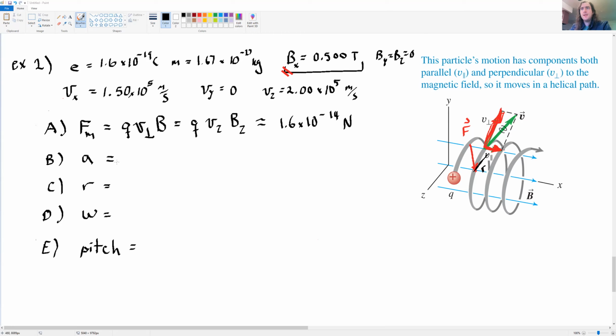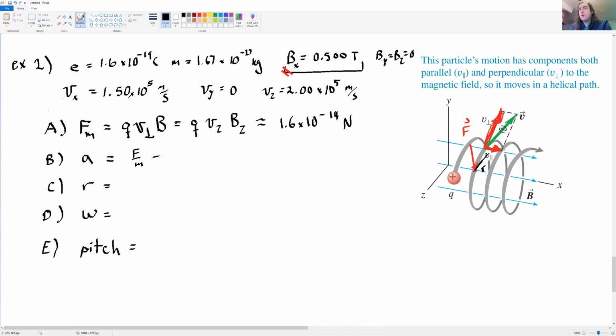For part B, the acceleration, I simply do the force divided by the mass. You could also do V squared over R, but you haven't yet solved for R in part C. So let's do the question as if we don't know what the radius is yet.